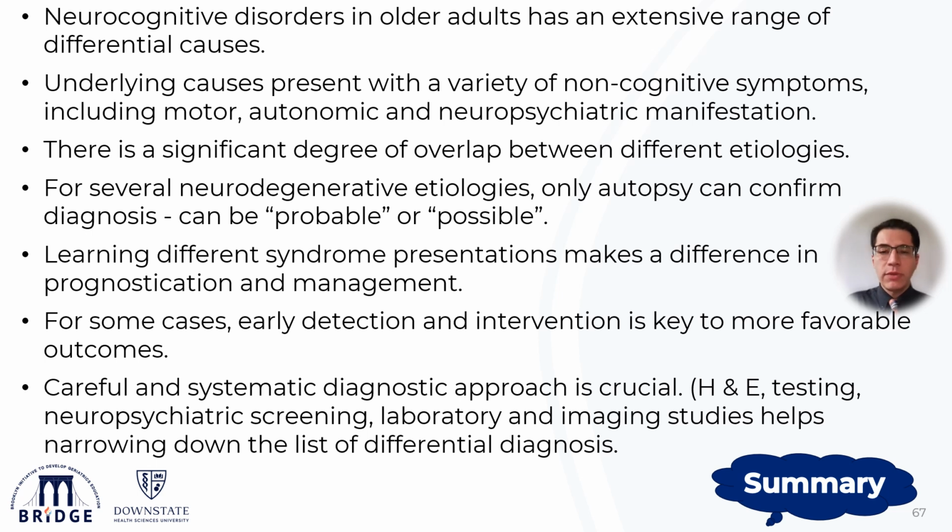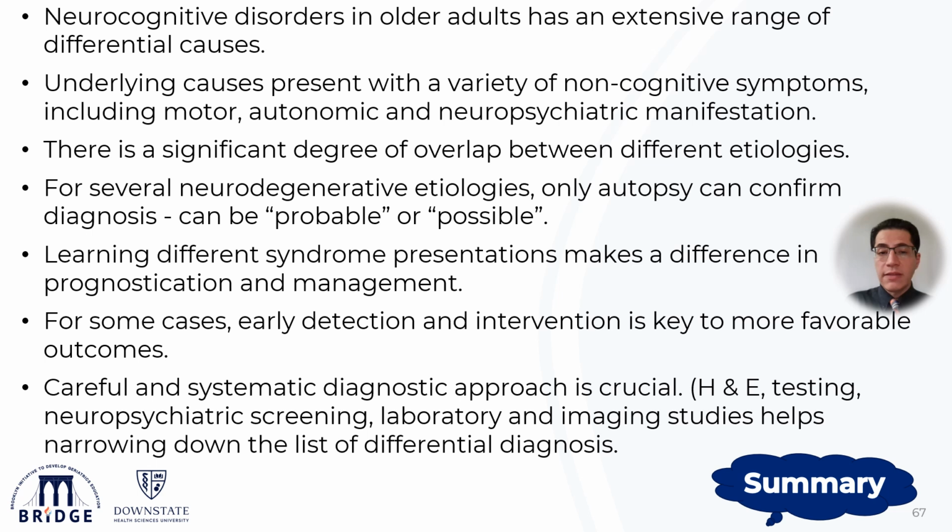So to summarize what we've covered so far in this module and share some key points and high-yield take-home messages, neurocognitive disorders in older adults have an extensive range of differential causes, and each underlying cause presents with a variety of non-cognitive symptoms, such as motor, autonomic, or neuropsychiatric manifestations.